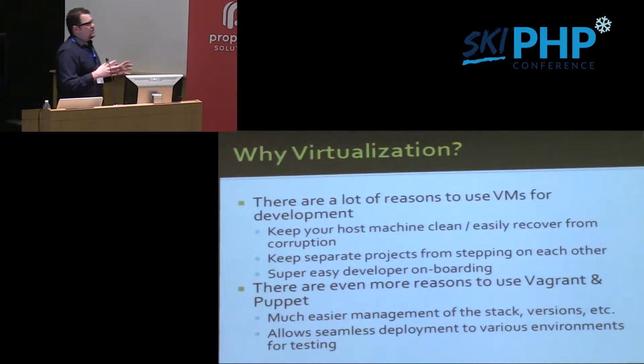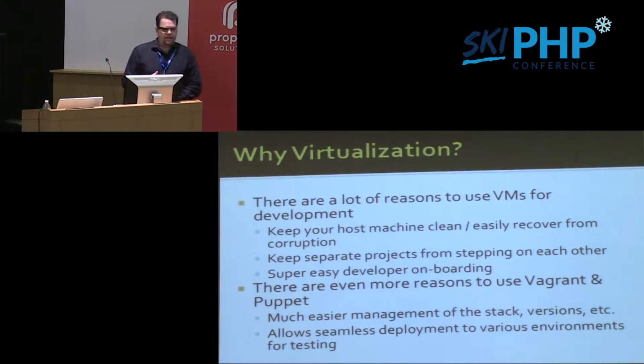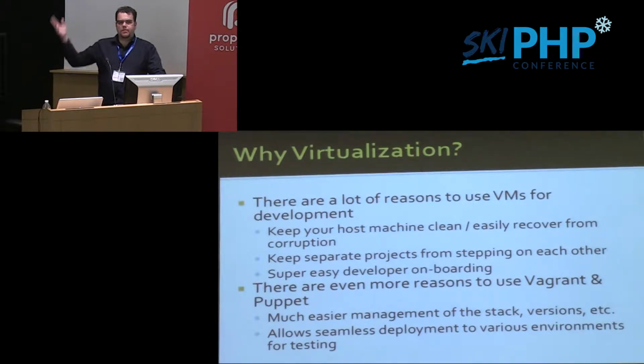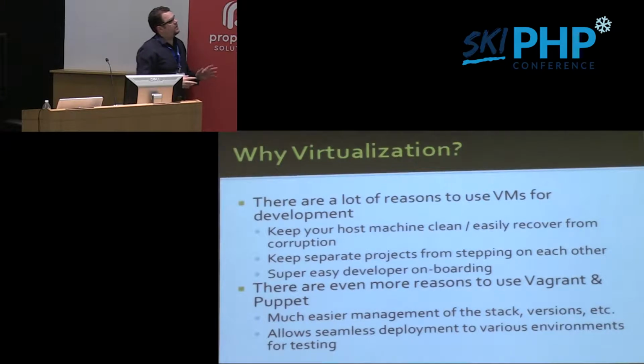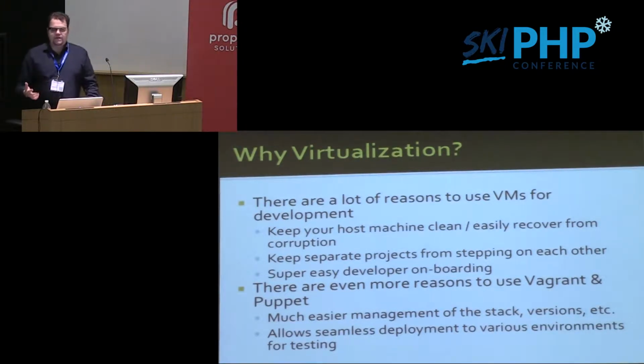And like I said, getting in the habit of using something like this does a lot of good for the entire release process. If you're using a tool like Puppet or Chef to provision your boxes, how many people are familiar with Puppet at all? Okay, a good number. We're going to go through Puppet in some pretty good detail as I explain this sort of stuff. But using this stuff is really, really nice because it allows you to, in a way that is functional, basically document your server.